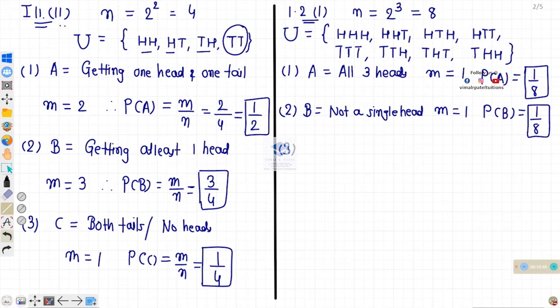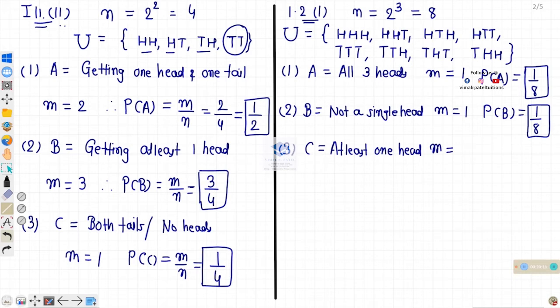Getting at least one head. At least one head. Now, at least one head means one head, two heads, or three heads.